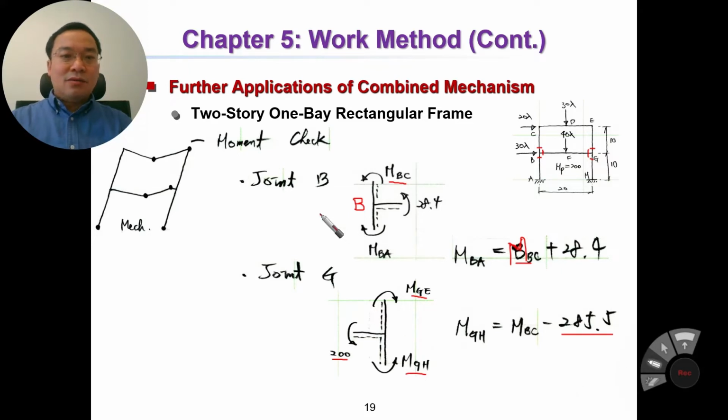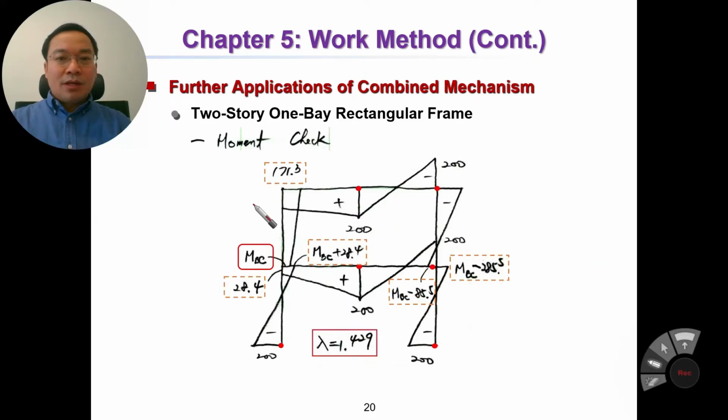Okay, so we can determine all of the moments at every section, right? Now we have the moment here is 171.3. MBC is redundant. Here is 28.4.